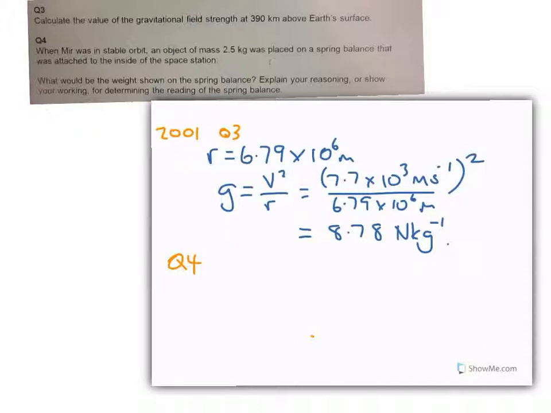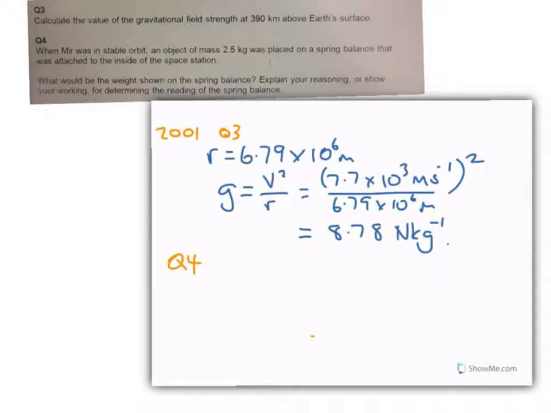Now, if it's been attached to the space station on Mir, the space station is in constant freefall. The mass would also be in constant freefall as it travels around the Earth.